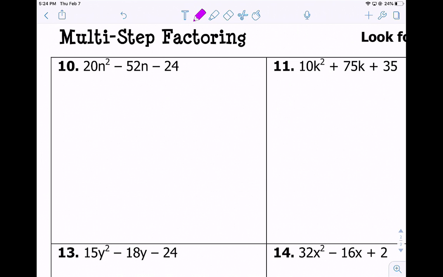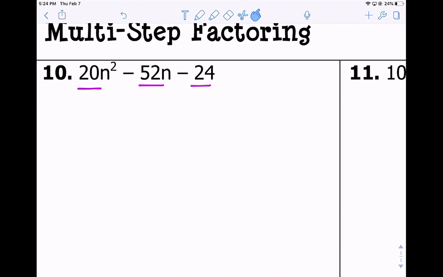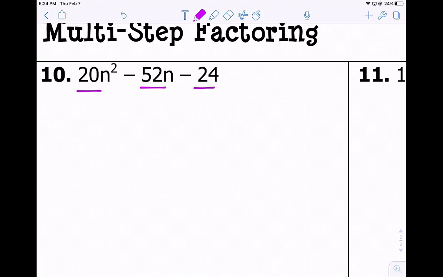So we're going to divide each of these terms by that greatest common factor. We're dividing by 4 for each of these. So we're going to take that 4 out. That goes on the outside of the parentheses. And then in parentheses, we put what's remaining after we've divided. So 20 divided by 4 is 5, and then we still have n squared.